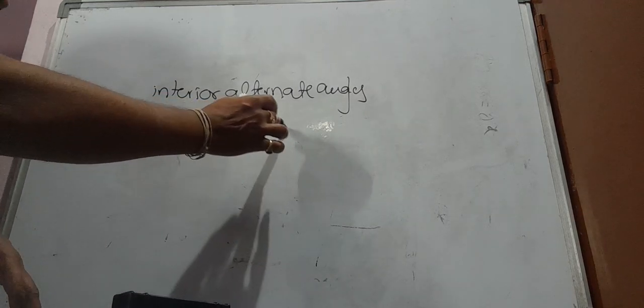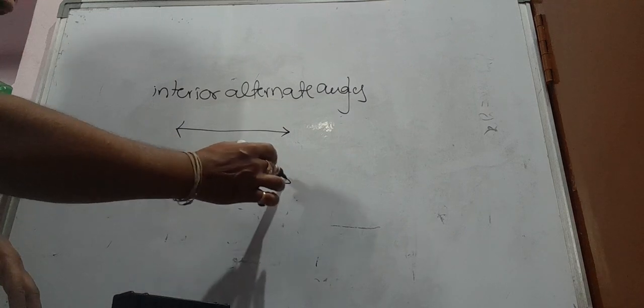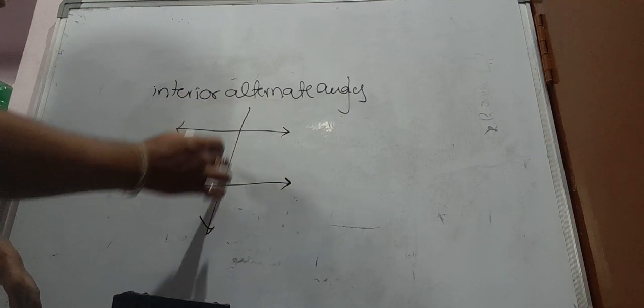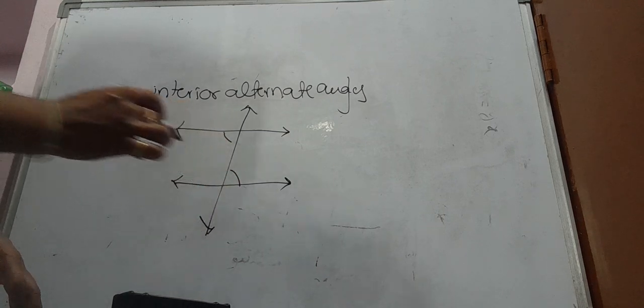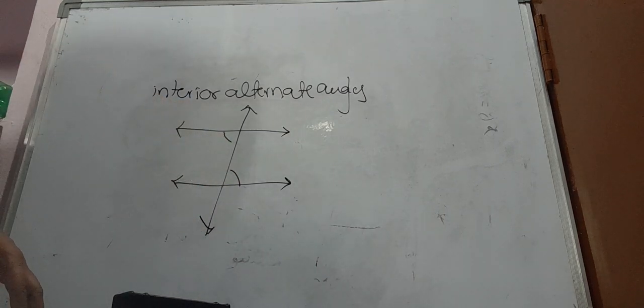So children, here I am drawing two parallel lines and this is the transversal. Now these two are called interior alternate angles. So what is the definition of interior alternate angles? Two angles are inside. One is on the left side, one is on the right side, and not adjacent.